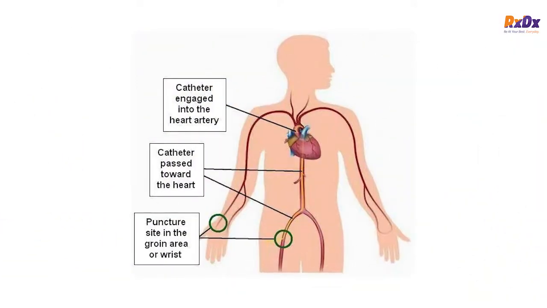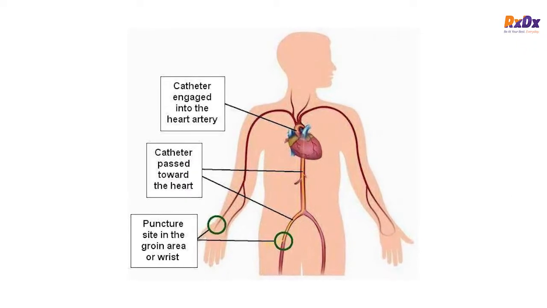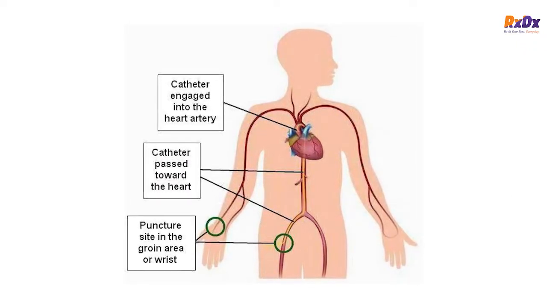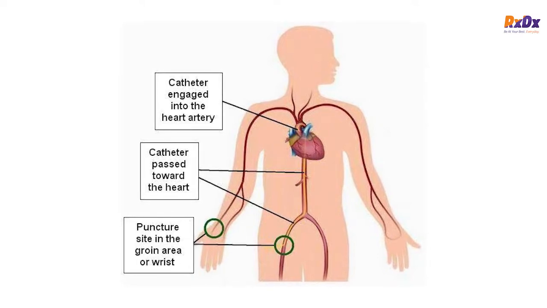Coronary angiogram or coronary angiography is a diagnostic modality which we use to look for blockages in the blood vessels of the heart. It is an imaging modality. It can be done in two different ways. One is, of course, a conventional coronary angiography, which we perform on an admitted patient in the hospital in a cardiac cath lab.